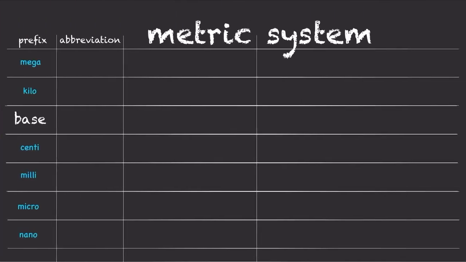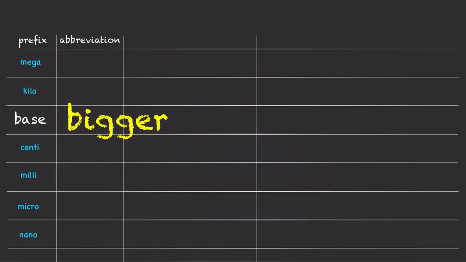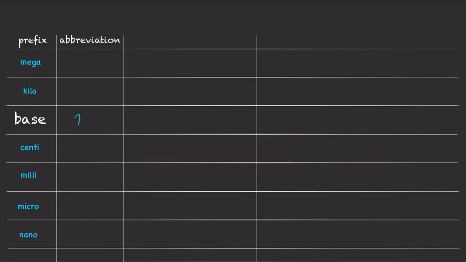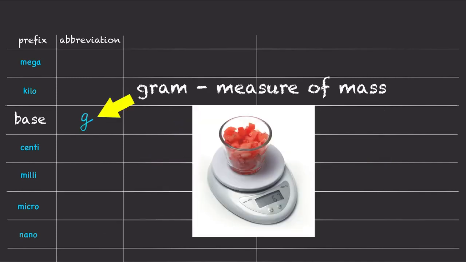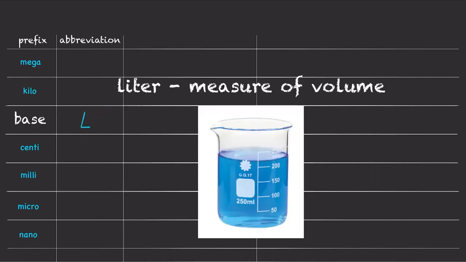The metric system is based on prefixes like kilo, mega, or centi. Each prefix has a mathematical meaning that makes the base unit either bigger or smaller, depending on the sign of the exponent. The 3 base metric units we would commonly deal with are the meter, m, for length, grams, g, for mass, and liters, L, for volume.